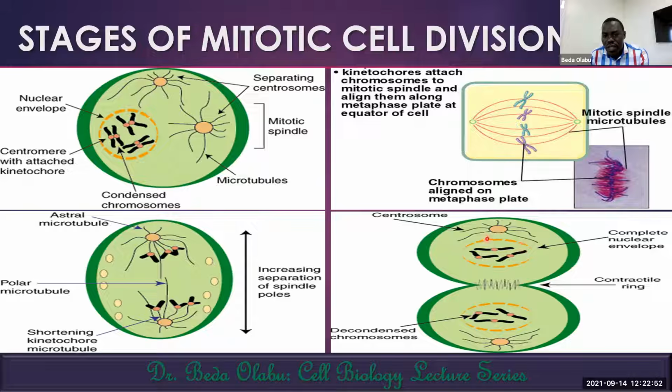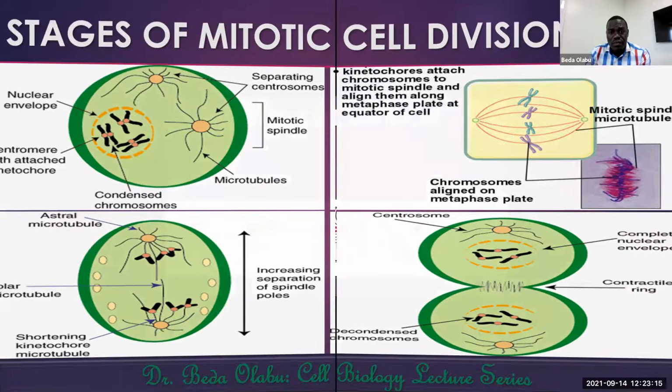Also, the nuclear envelope is now reconstituting again. That's telophase. So those are the stages of mitosis. Of course, eventually the 2 cells are going to go apart, completing the process of cell division.